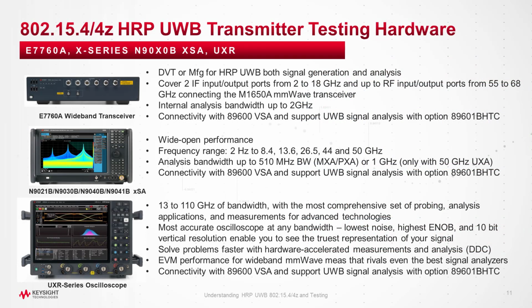For HRP UWB signal analysis, you can also leverage the E7760A wideband transceiver. Keysight also has some benchtop signal analyzers for 6 GHz and above frequency and 500 MHz and above bandwidth HRP UWB measurements, like X-series signal analyzers, MXA N9021B, PXA 9030B, or UXA 9040 or 9041B, and also UXR series Infiniium oscilloscopes.